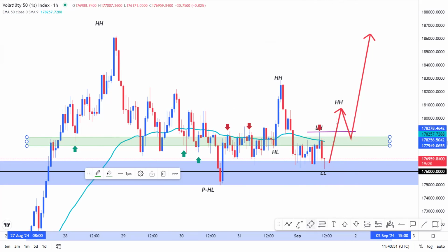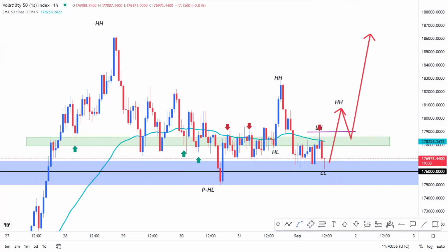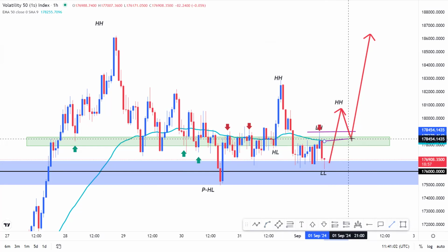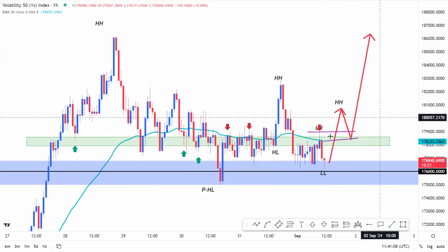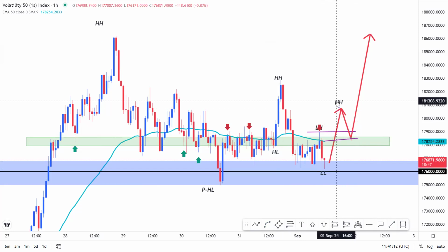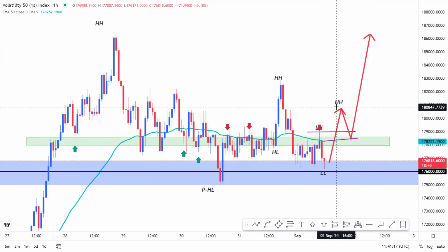So by the time that does happen, what we would tend to see take place is the 50 exponential moving average would have caught up with price somewhere at about this point. So we would have seen the candlesticks break and close back above the 50 exponential moving average.